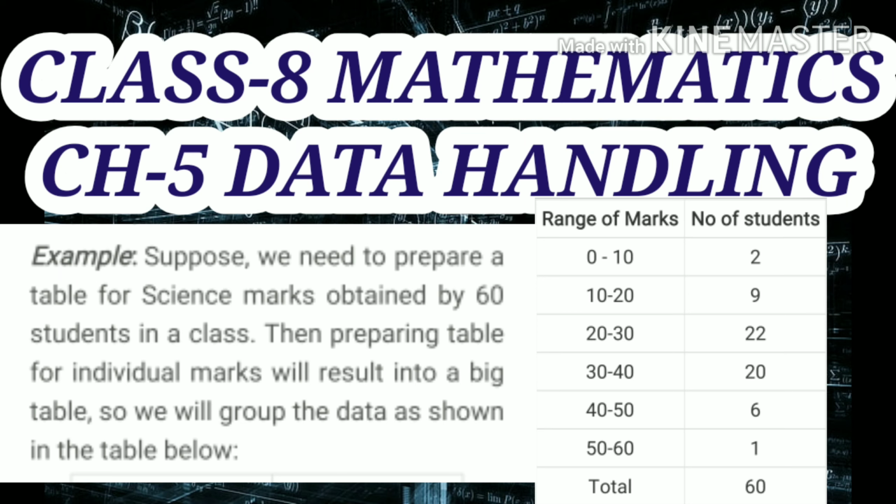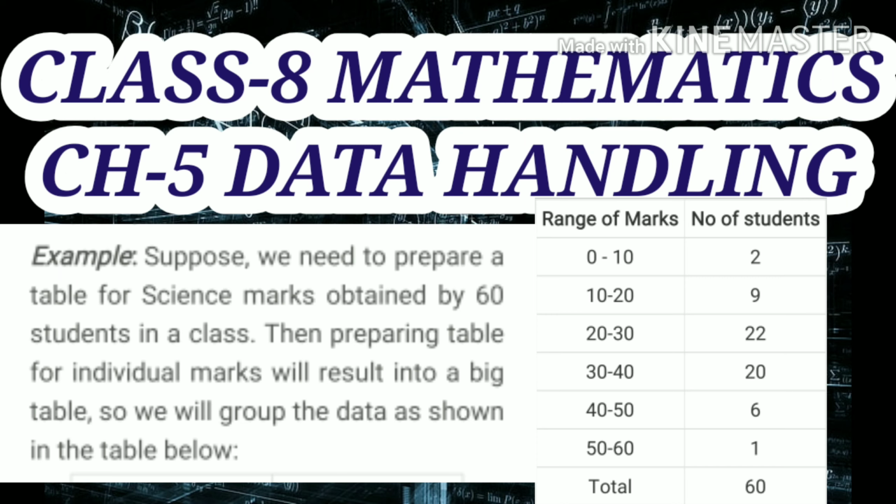Similarly, 22 students got marks between 20 to 30 and 20 students got marks between 30 to 40. 6 students got marks between 40 to 50 and only 1 student got marks between 50 to 60.